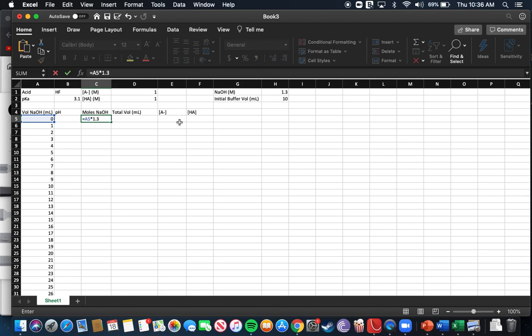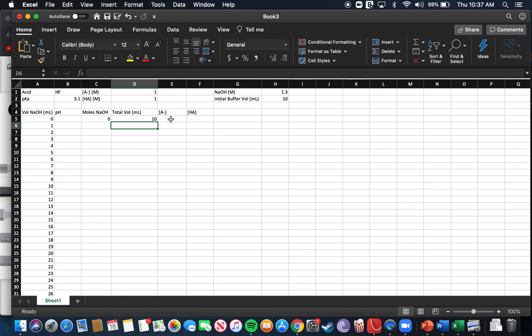And then you are going to want to remember to convert that to liters, so divide by 1,000. Now, of course, our initial volume is 0, so that should give us 0. Our total volume is going to be 10 milliliters plus however much you added.